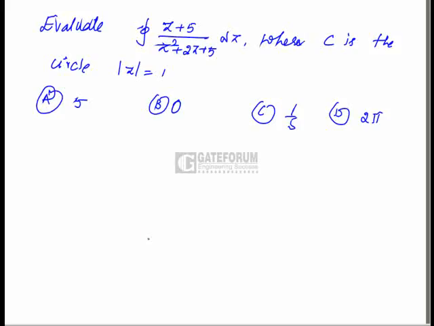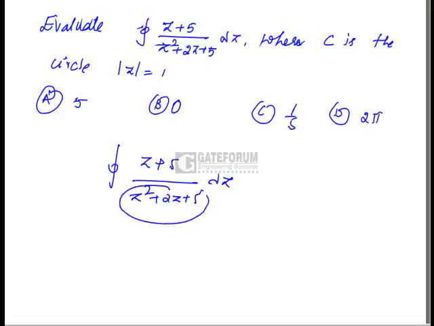Now we have to evaluate the integral of z plus 5 by z square plus 2z plus 5 dz. In order to find this integral, we have to find the poles of the denominator, that is z square plus 2z plus 5. To find the poles, we equate it to 0. Now the value of z will be minus 1 plus or minus 2i.